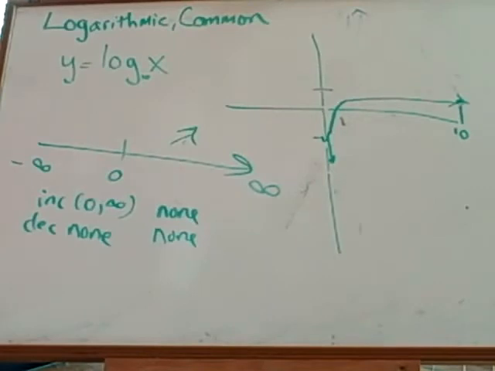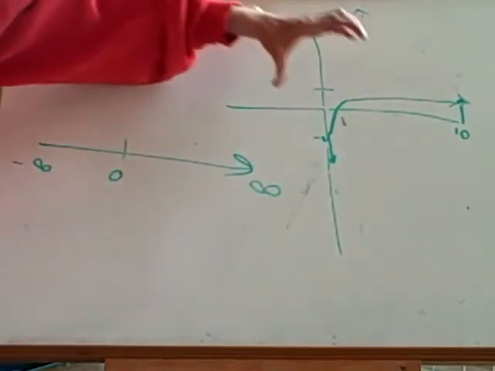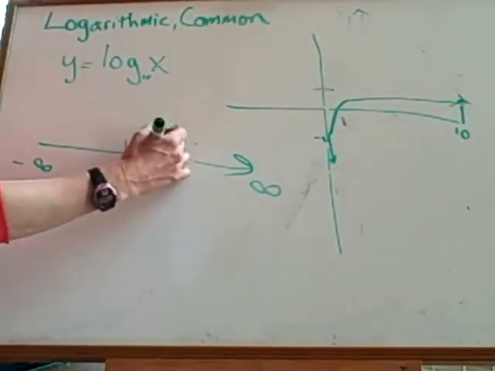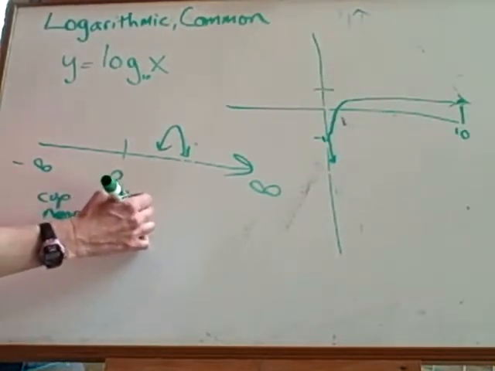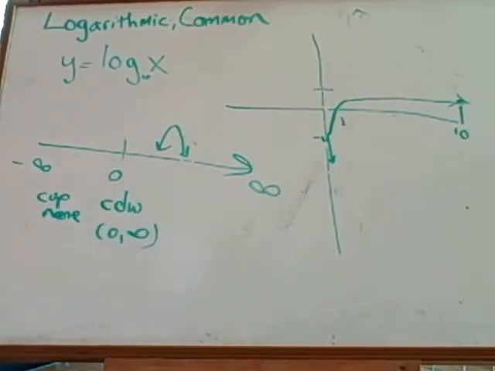Intervals of concavity. I'm going to use the same little graph here, only we're going to talk about concavity. This is actually considered concave down, as it's going to infinity. So concave up, there would be none. There are no places where this is concave up, but concave down is going to be from 0 to positive infinity. There are no points of inflection.